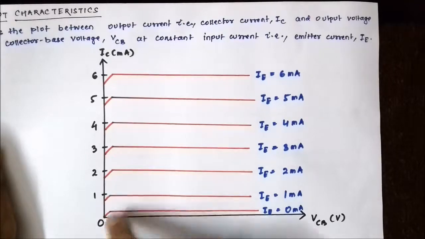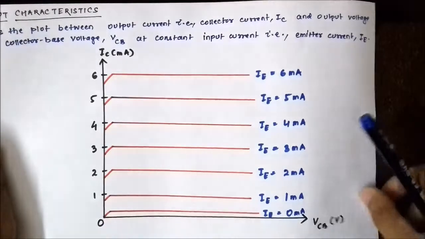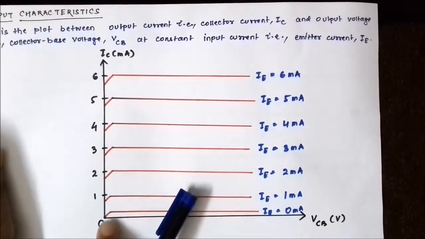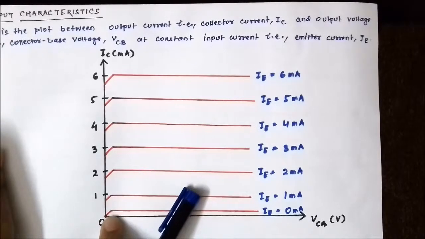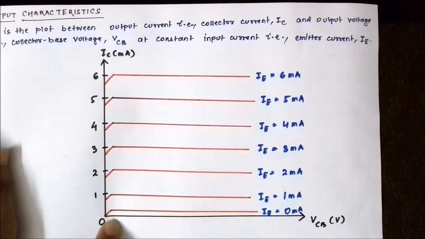In this region, normally up to 1 volt of the collector to base voltage, the voltage value at this point will be 1 volt or less than 1 volt.